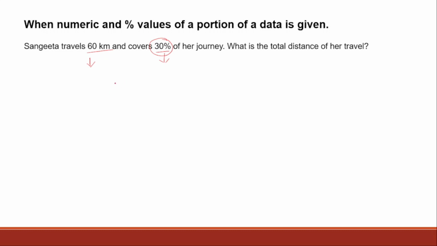The first method is, let's assume that the total journey was A kilometers. Out of A kilometers, she has covered 60 kilometers, and 60 kilometers is 30% of A. This means 30% of A is equal to 60. Here, of means multiplication, percent means divided by 100. Also remember, percent also means by 100.